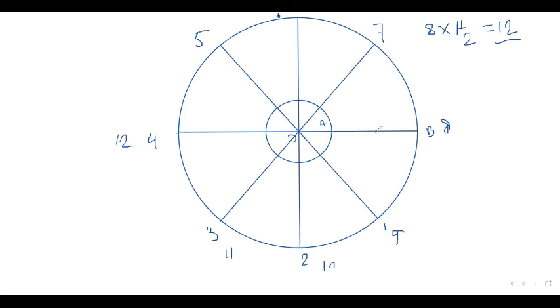So we divide AB into 12 equal parts. This is 60 millimeter AB, so if we divide AB by 12, it will be 5 millimeter.